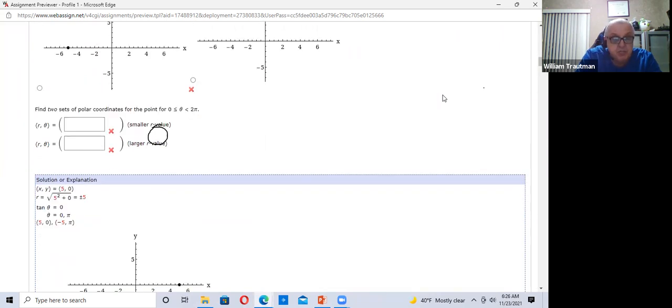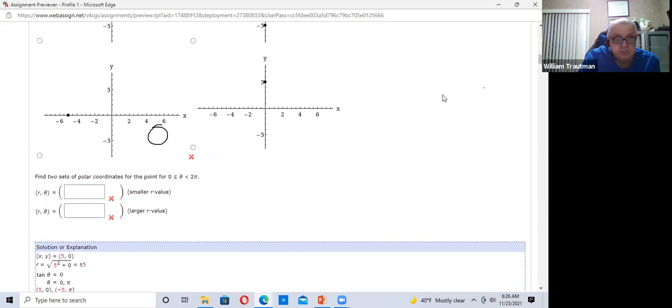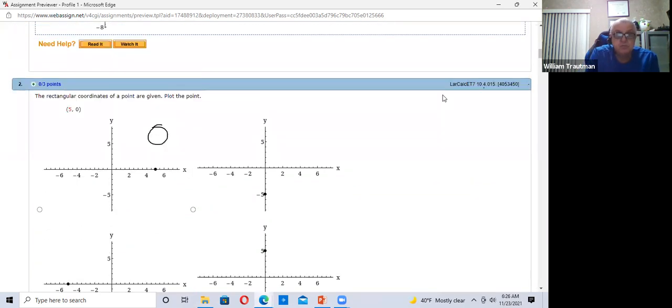So yes, they want us to find the 2 sets of polar coordinates. Once again, here's our 5 and 0. This is our x and this is our y. The formulas are y equals r sine theta, and x equals r cosine theta.